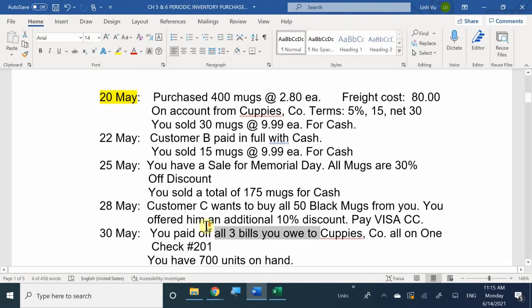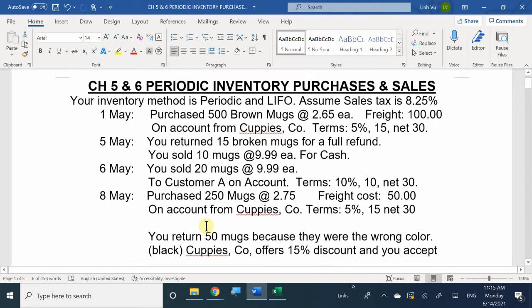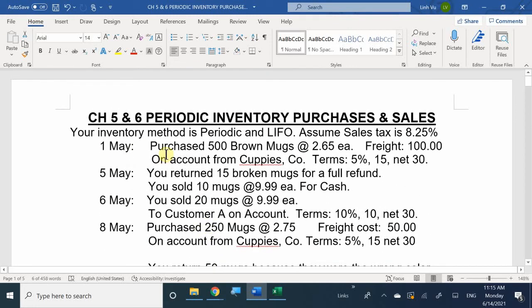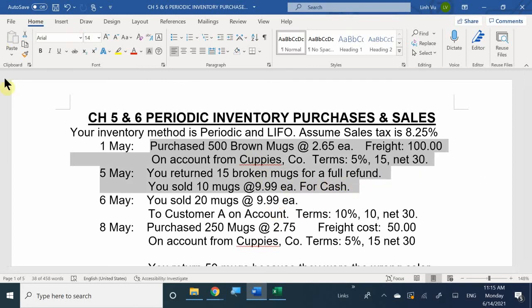Our first purchase was on the 1st of May. Here we purchased 500 brown mugs at $2.65, but we ended up returning 15 of those mugs. So that's one bill right here.